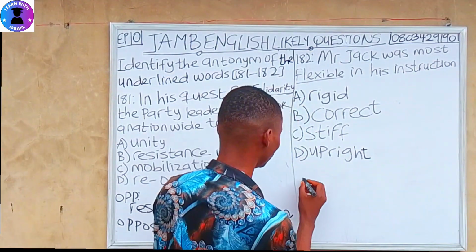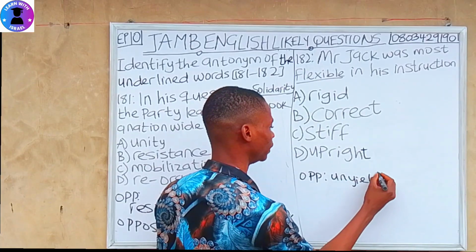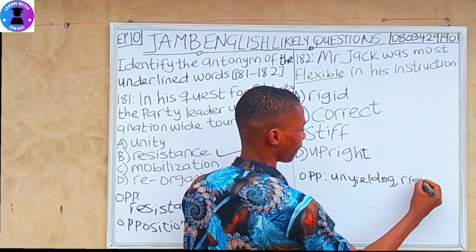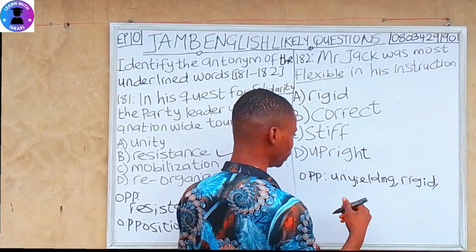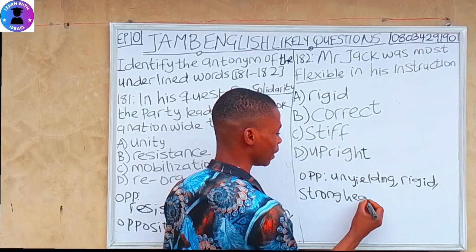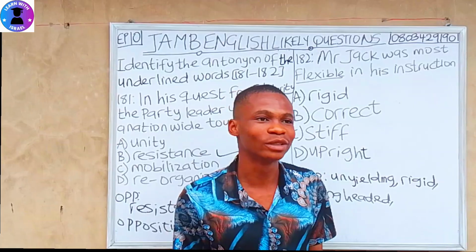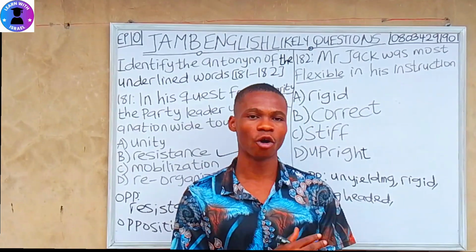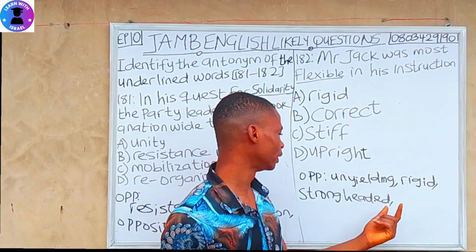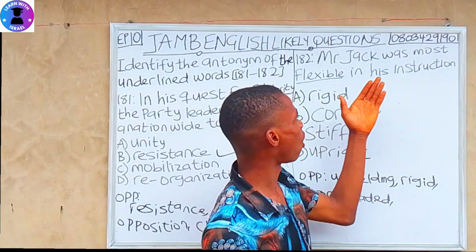The opposite in meaning includes unyielding, rigid, strong-headed. And when I say strong-headed, I mean someone that will say no, that will refuse to give room for others, that will refuse to allow others' influence. So unyielding, rigid, strong-headed are the opposite words for flexible.